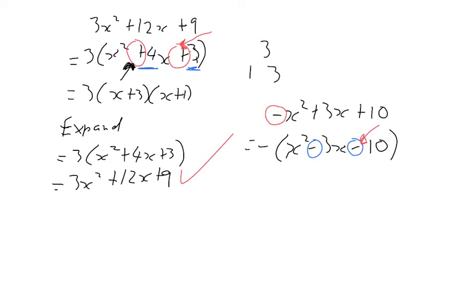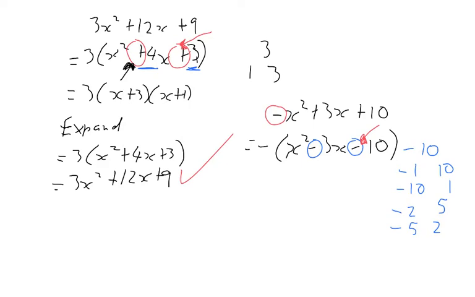They have to be different signs to make a negative, because a positive times a negative makes a negative. So let's look at the factors of minus 10. Factors of minus 10, we have minus 1 and 10, minus 10 and 1. We have minus 2 and 5, minus 5 and 2.